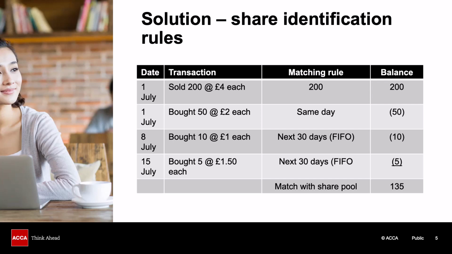So we first of all look at the shares bought on the 8th of July and we match those 10 shares up with 10 of the shares we sold on the 1st of July. And therefore we would use £1 each for the cost of 10 shares that we sold on the 1st of July. We've now matched 60 of the 200 shares up to get a cost.